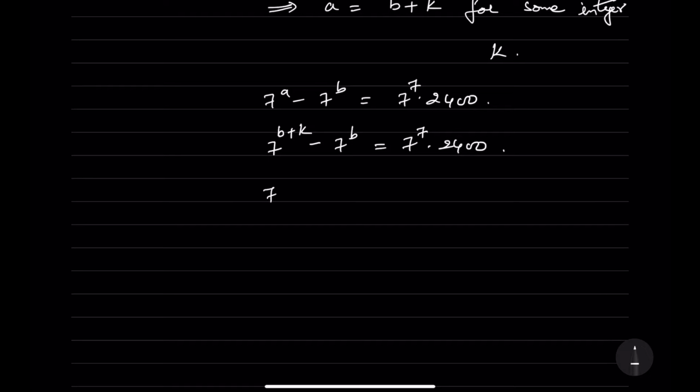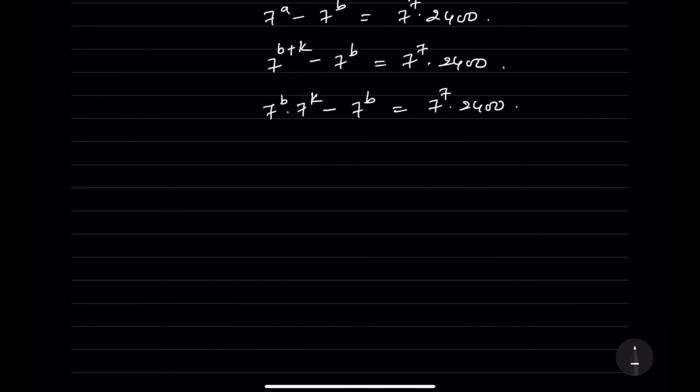Now this can be written as 7 to the power of b into 7 to the power of k minus 7 to the power of b is equal to 7 to the power of 7 into 2400. If I take 7 to the power of b common, what will I get here? 7 to the power of b into 7 to the power of k minus 1 is equal to 7 to the power of 7 times 2400.